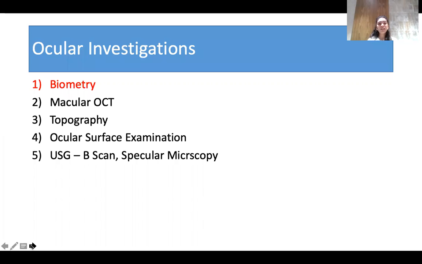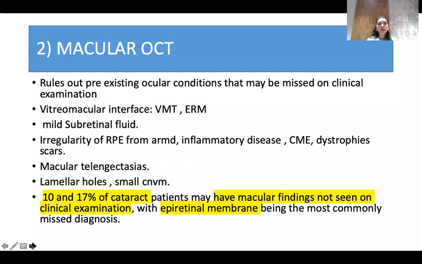So now, having discussed biometry, let's move to the next important investigation, which is the macular OCT. Next slide. A macular OCT ideally should be mandatory for all patients undergoing cataract surgery. Why is that so? Because there is a study which states that around 10 to 17% of cataract patients have macular findings which are not seen on clinical examination, epiretinal membrane being the most commonly missed one.